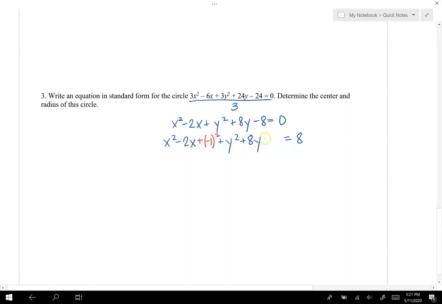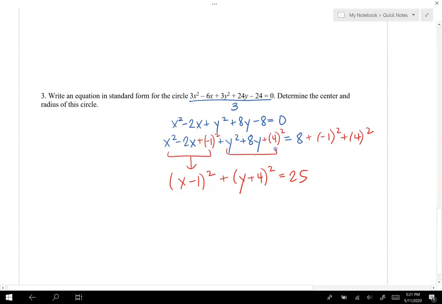And then I'm going to add half of 8 and square it, so 4 squared. And since I added those to the left-hand side, I have to add them to the right-hand side. So this becomes, and I'm hoping what you notice here is (x - 1) squared plus (y + 4) squared equals 8 plus 1 plus 16, 25.